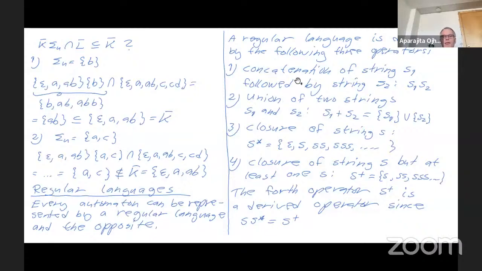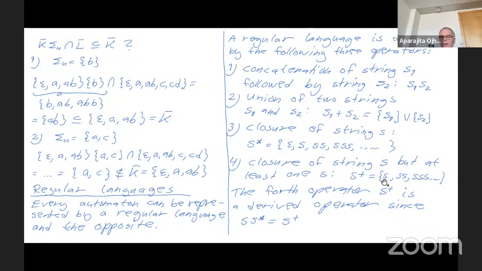I said that I had 3 operators, but you see here that I still have a 4th item. There is a derived operator, which we call S plus, which does not include the epsilon. Otherwise, it's the same as S star.